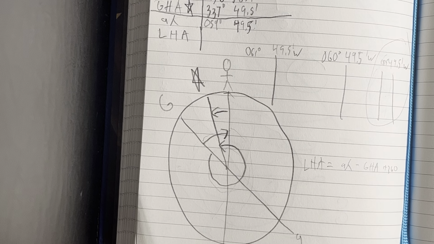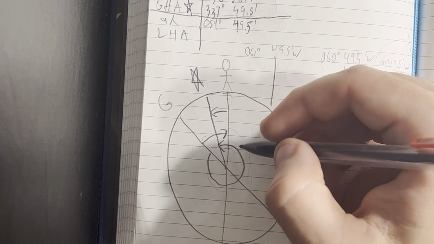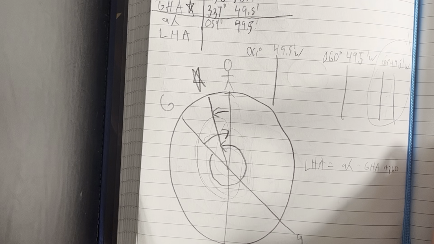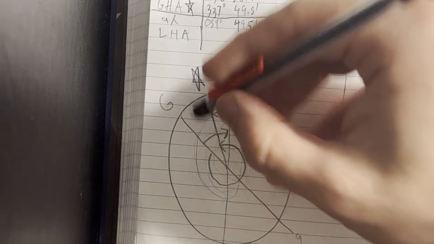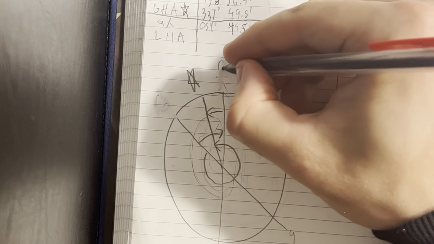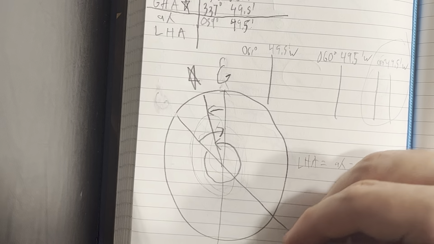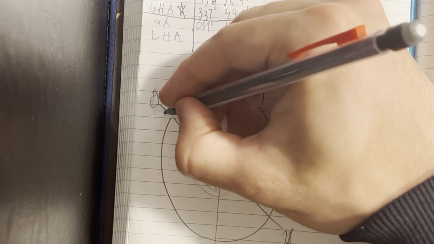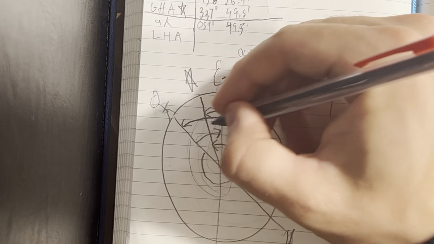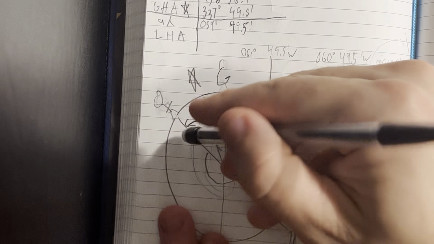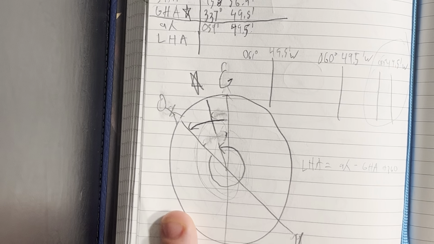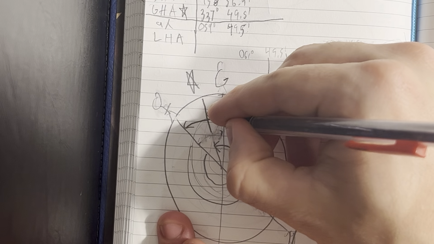I see what I did wrong. I placed us in the east, not the west, and that's why this was confusing me, and that's why I probably confused you. Let's just really quickly switch that around so that makes more sense. Here's Greenwich. Here's us. So then this is our longitude, and that's our GHA.